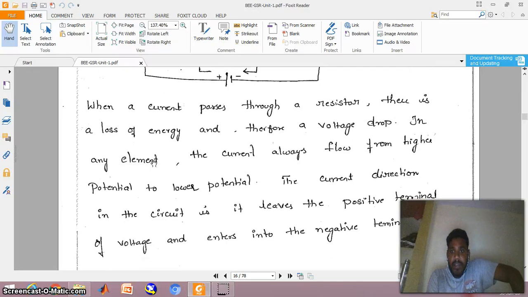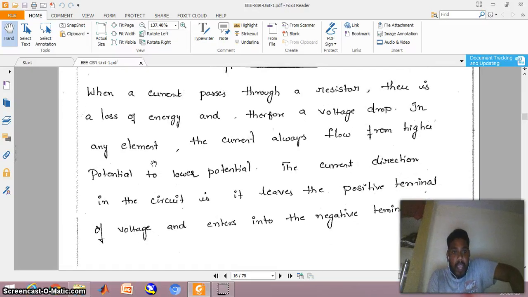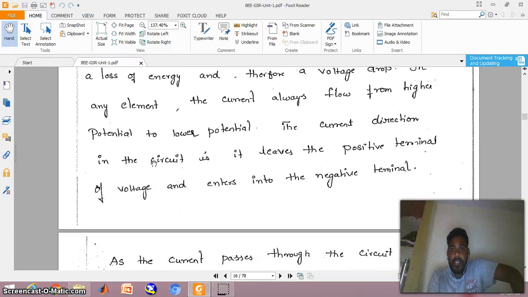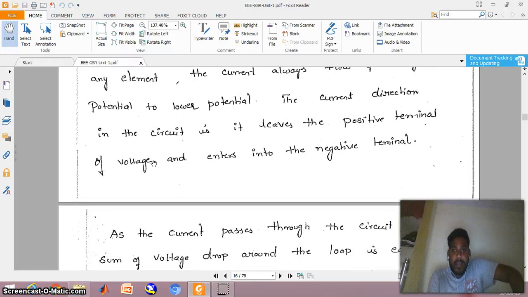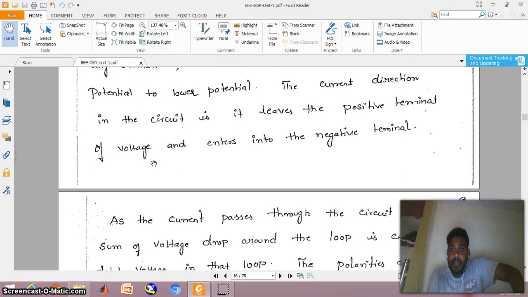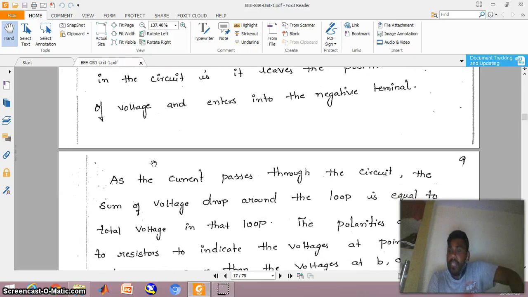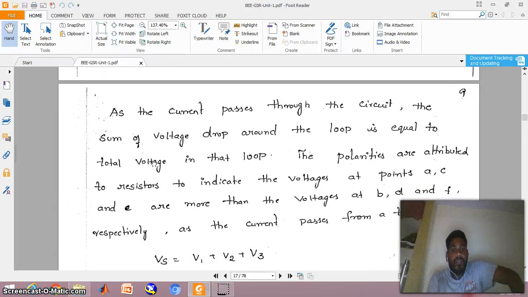The current always flows from higher potential to lower potential. The current direction in the circuit is that it leaves the positive terminal of the voltage source and enters the negative terminal of the voltage source. As the current passes through the circuit, the sum of the voltage drops around the loop is equal to zero.